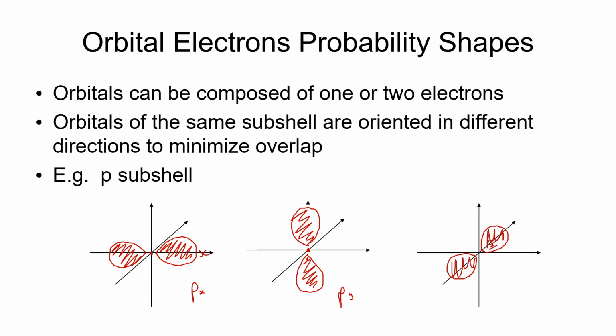But you can kind of think of it as like a little jack. If you ever played jacks before, the little jacks that have the lines oriented in all 3 directions. And so each one of them would be a different orbital, same energy, just oriented so they don't overlap with each other in space.